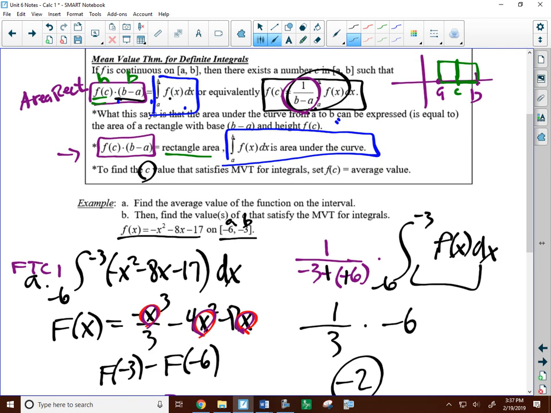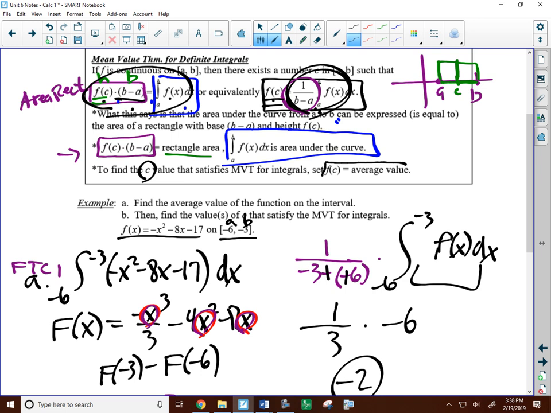This one, I usually like to take it back to here, the original one. Set the area under the curve equal to the function f of c times b minus a. Now, equivalently, since we did this form, we already have the average value. We can just set it equal to f of c.